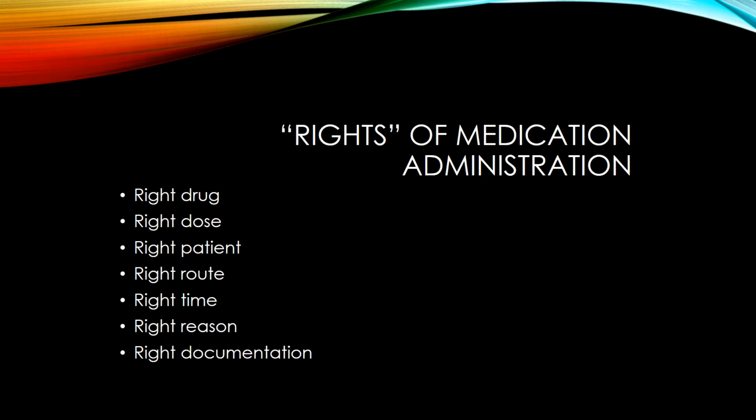So you may see from time to time that there are other indications for medications, and again, you'll see that in the evidence-based literature that you read on the medications.